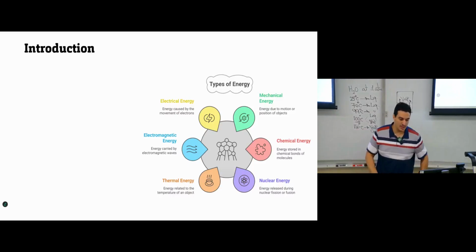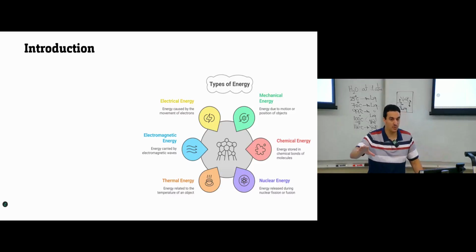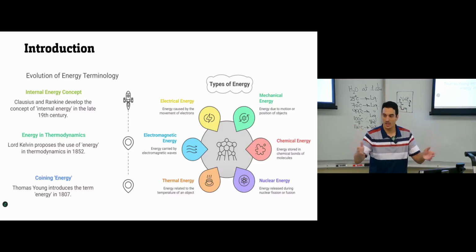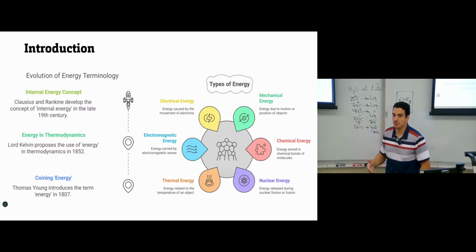We have the mechanical energy, for example. This is the energy that is due to the motion or the position of the objects. So the energy concept is the same, but why do we have different types? Because you can get energy from different sources or in different ways. And the concept of energy, similar to thermodynamics, took a long time to become what we are studying right now.